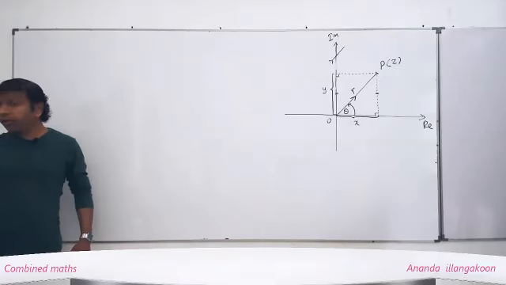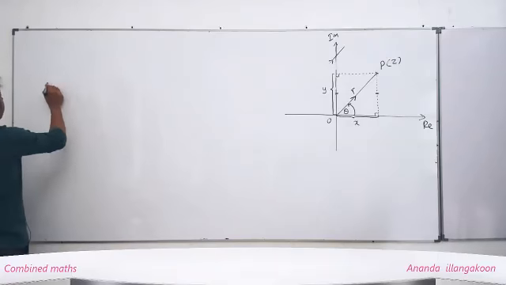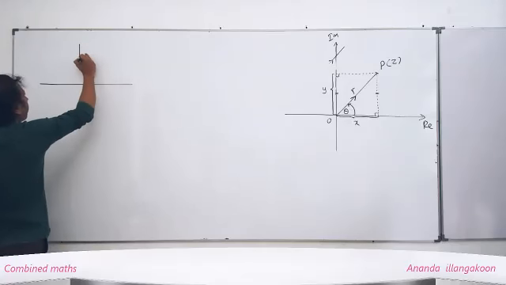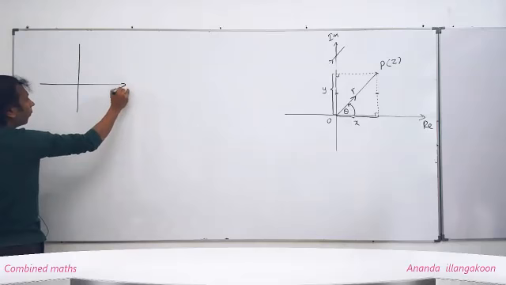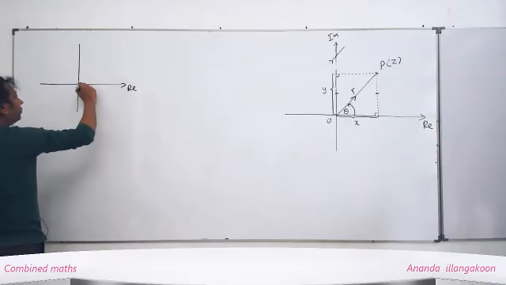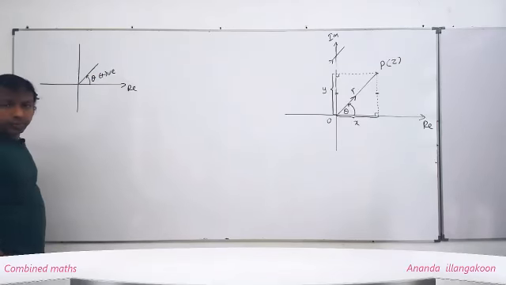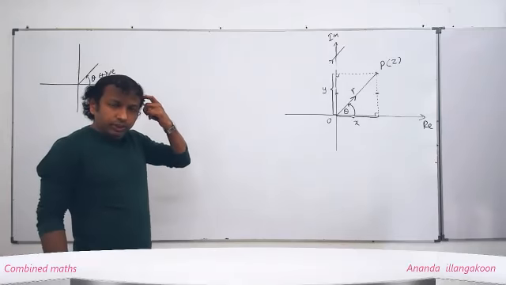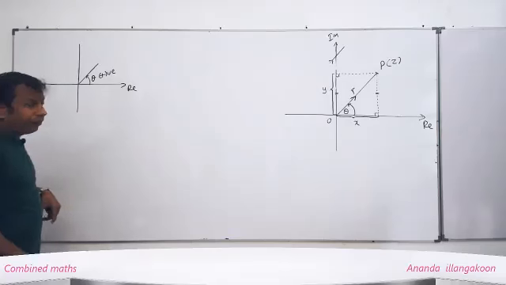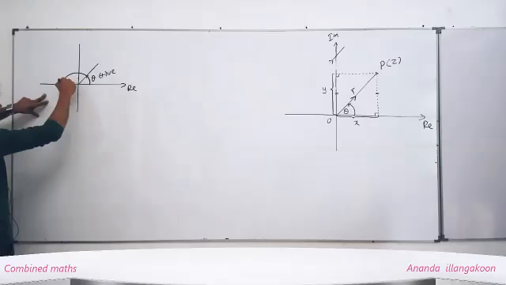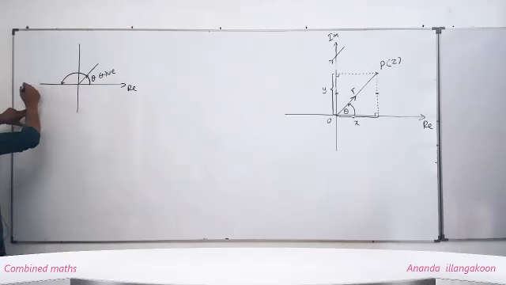Okay. We know when the argument is measured in this way, anticlockwise, this is a positive argument. In this anticlockwise sense, people, we measure the angle this way up to this 180.